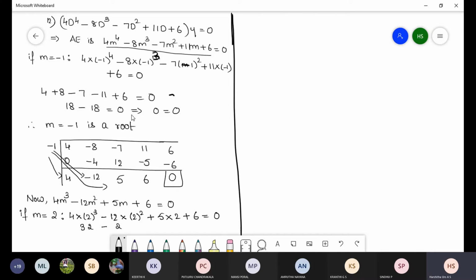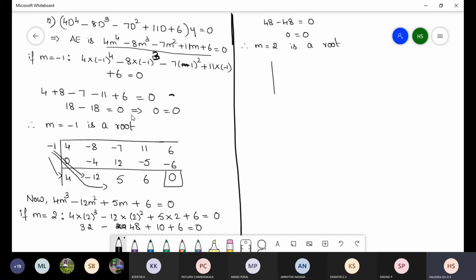Here 12 fours are 48, plus 10, plus 6 is equal to 0. 32, 42. 42 plus 6, 48. So we get 48 minus 48 is equal to 0. That implies 0 is equal to 0. Therefore, m is equal to 2 is a root.